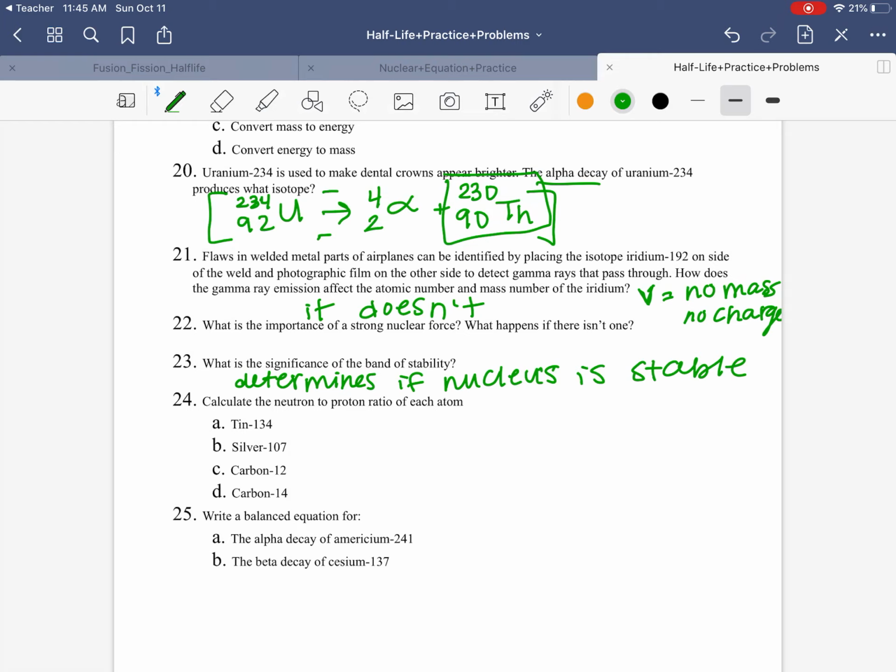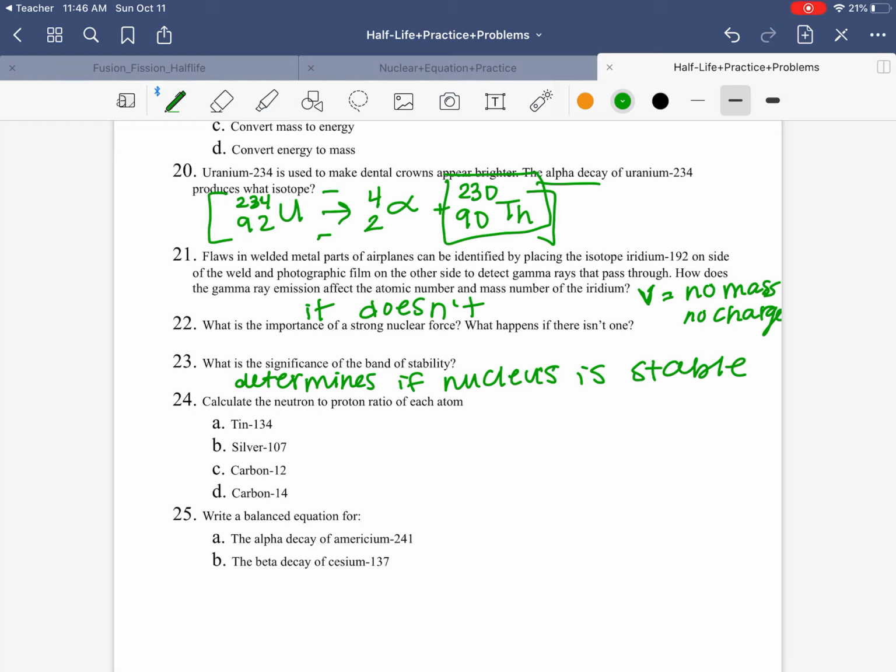Ooh, where is? Hold on, my periodic table is playing games right now. Ooh, I just need one that works. Hold on a second, y'all.